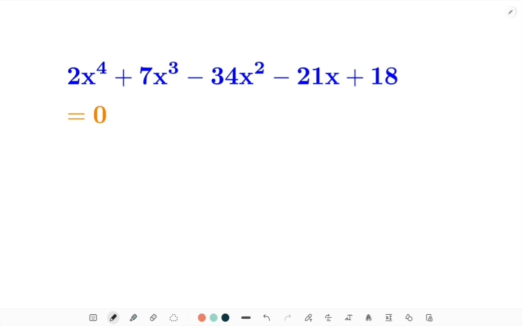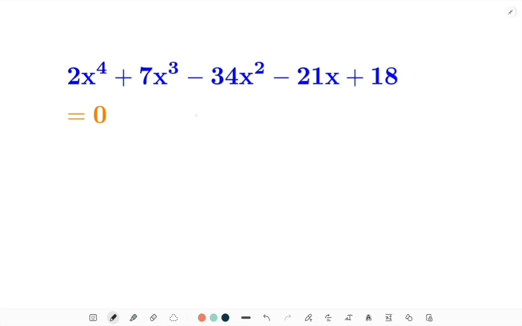By the way, there are systematic ways to guess these roots. Maybe later I'll make a video on how to guess roots in a systematic way, because it can be completely blind, and that's just not the most efficient approach. But here, I don't want to make it complicated.